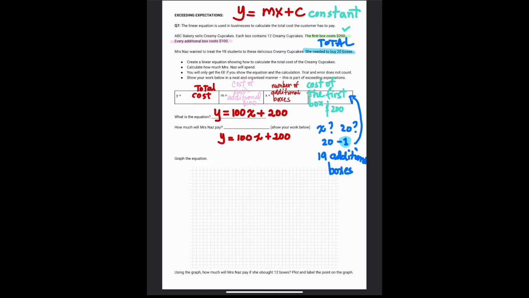So Y is equal to 100 times 19 additional boxes plus 200, which is the cost of the first box, equals 1900 plus 200, equals 2,100. So Mrs. Nass will pay $2,100.